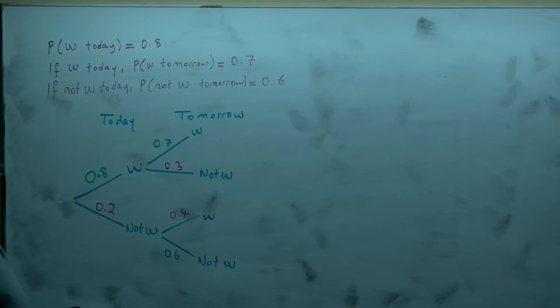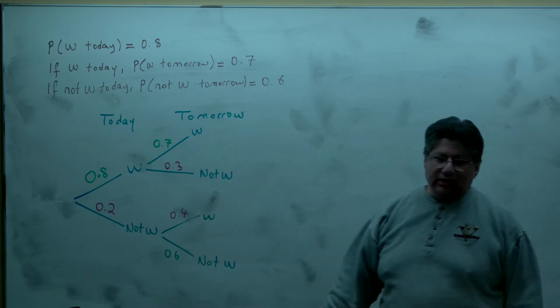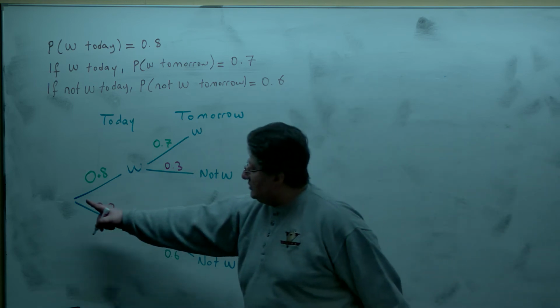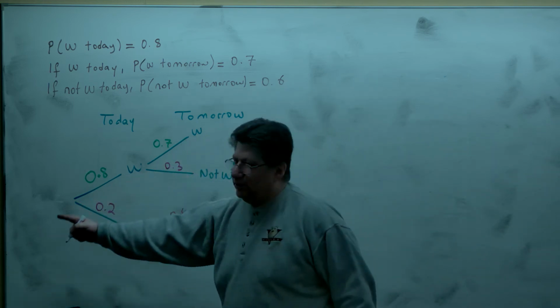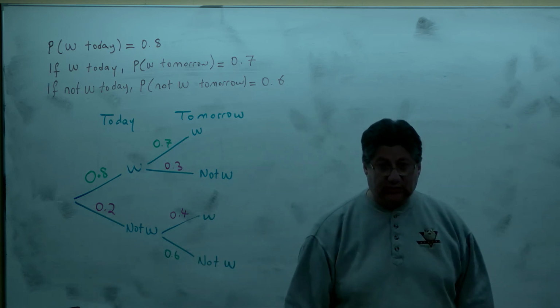Now, the resulting tree has 4 branches. Okay? This branch corresponds to today being windy and tomorrow being windy.